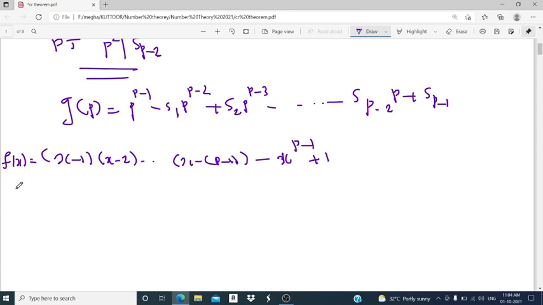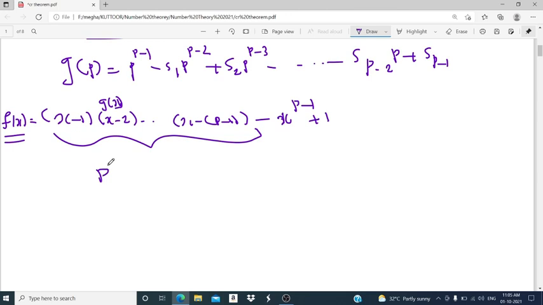We know this theorem. In particular, this is g of x, so every coefficient of g of x is also divisible by p, or we can say that p divides s1, p divides s2, etc., p divides s_{p-1}, p divides s_{p-2}.